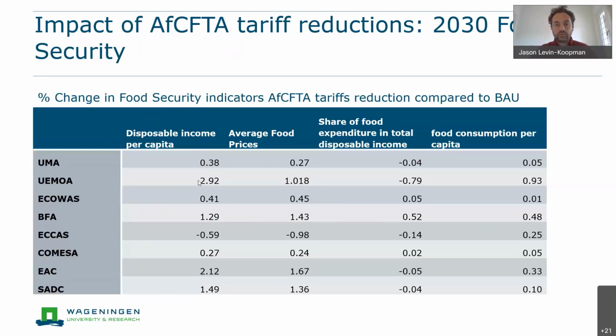So it's this interaction, and particularly the share of food expenditure in total disposable income, that's worth paying attention to, as of course these are averages for the region. If we were to look at individual income classes, this would be something to pay attention to.